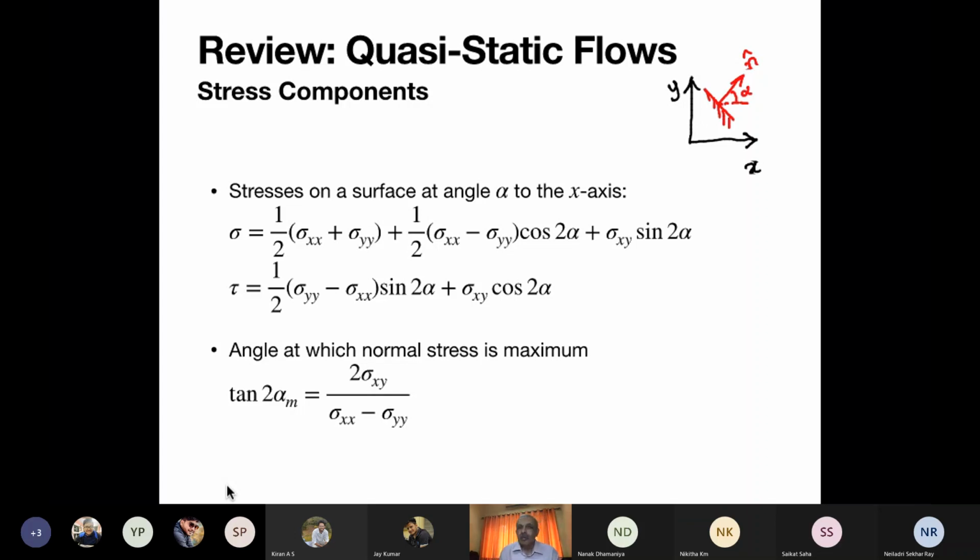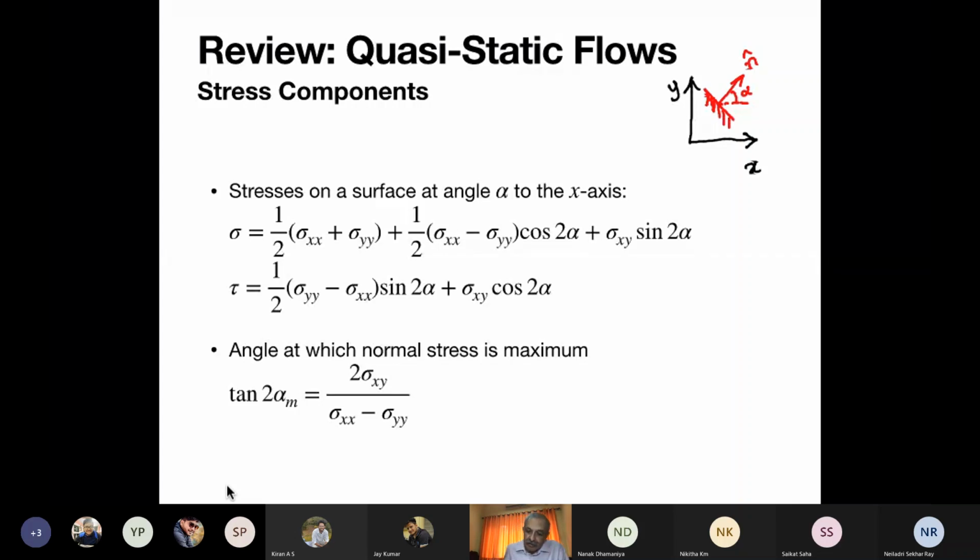Whenever we talk about a stress, obviously we have to say what surface the stress is acting on, because it's stress per unit area, force per unit area. So supposing it's acting on this surface, and that surface is characterized by the normal vector n.